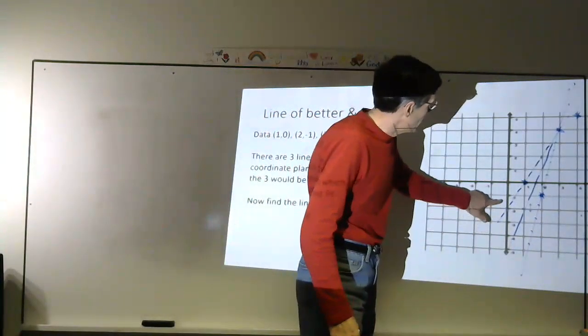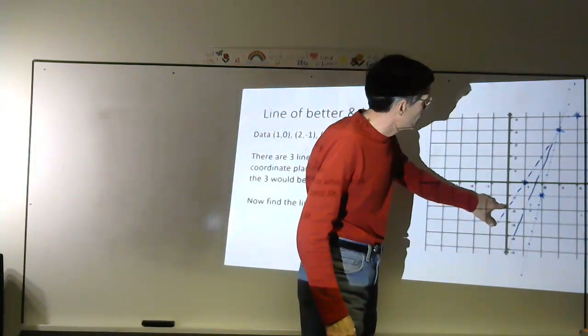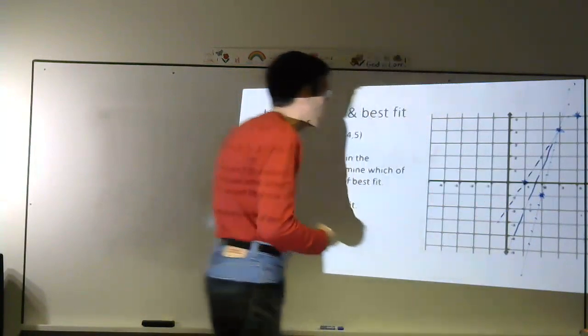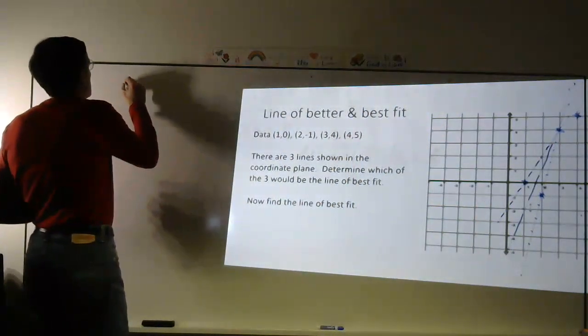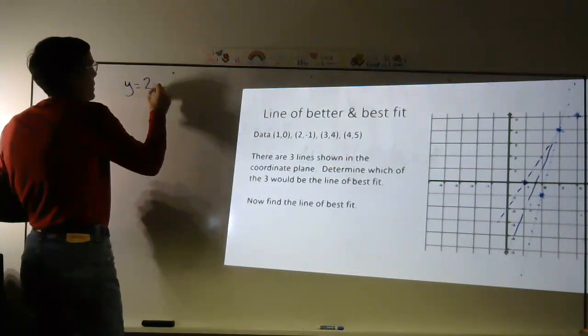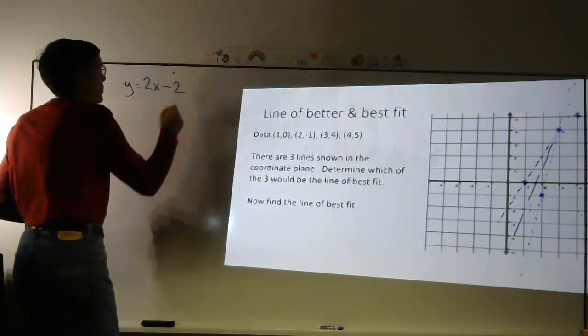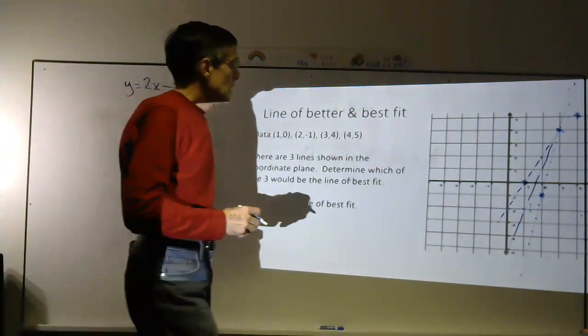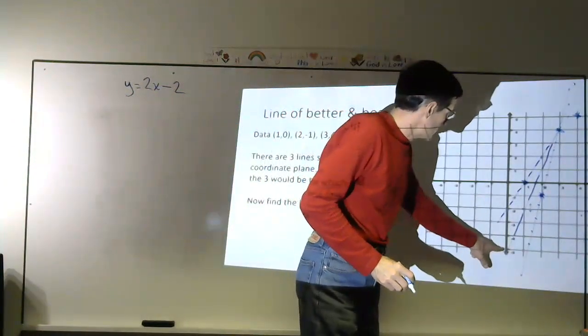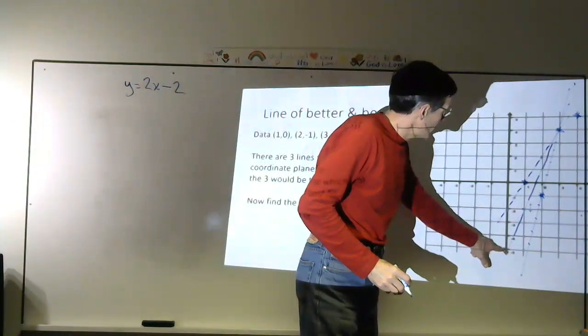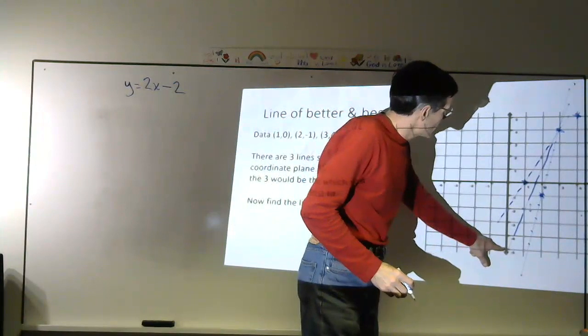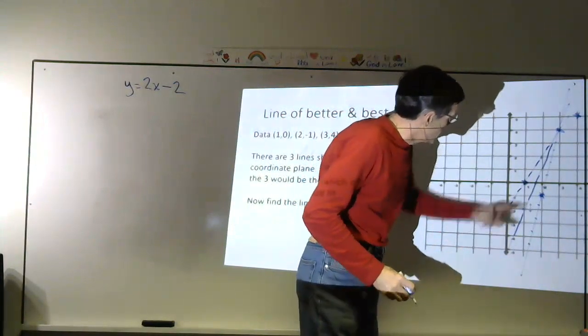All right, so let's get the equations of these lines. This one is easy. You can see it hits at -2 and the slope is up 2/1. So that line is y equals 2x minus 2. This one looks like it hits at -5 and the slope is up 3/1.